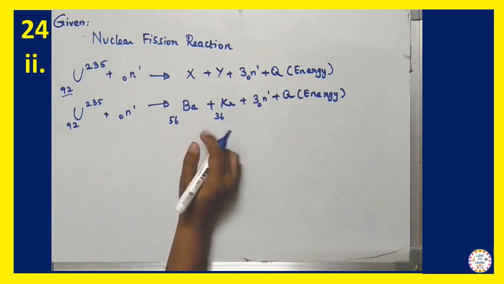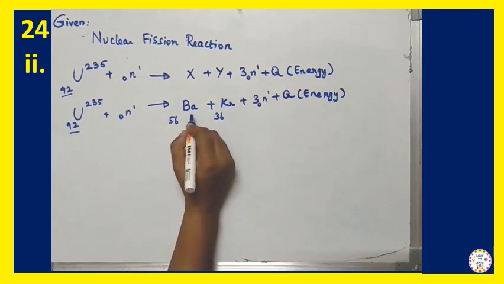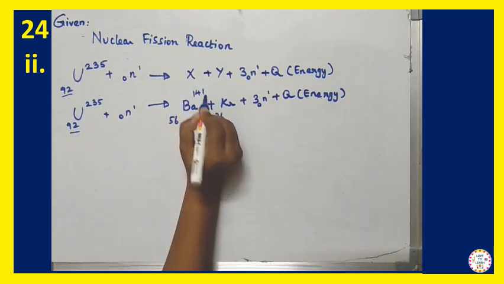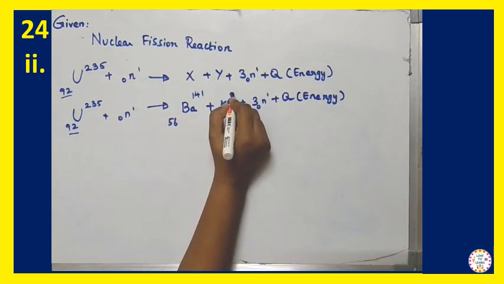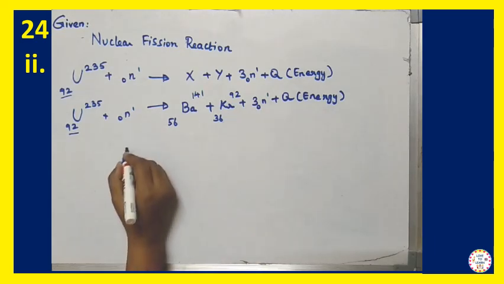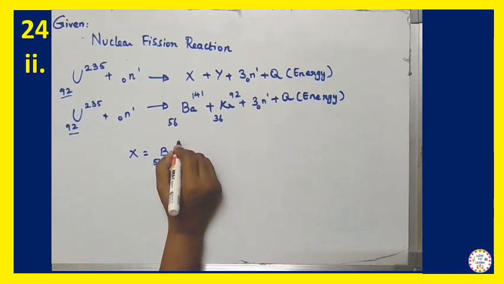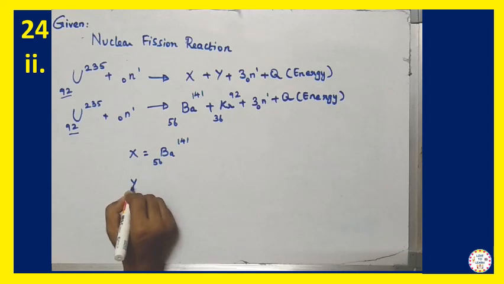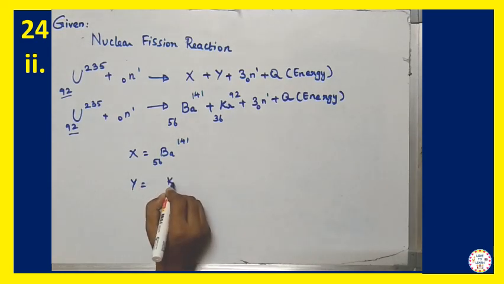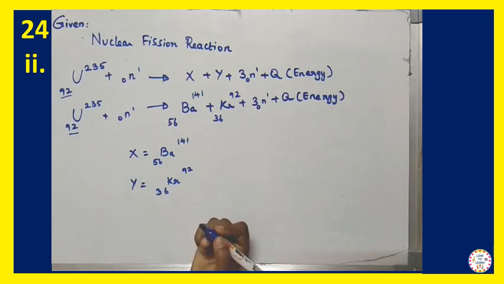So when you sum these, you get 92. Now let us take the atomic mass: that is 141 and 92. So X is equal to barium 56, 141 and Y is equal to krypton 92 and here 36.